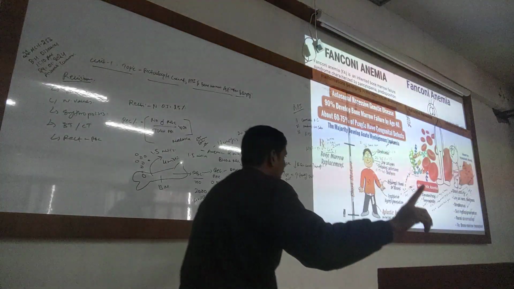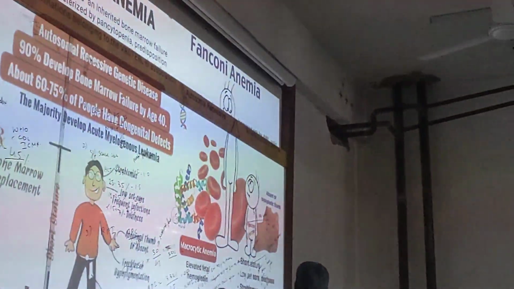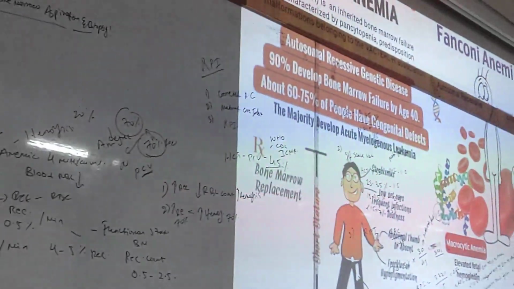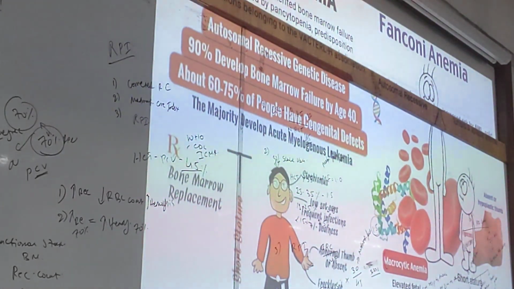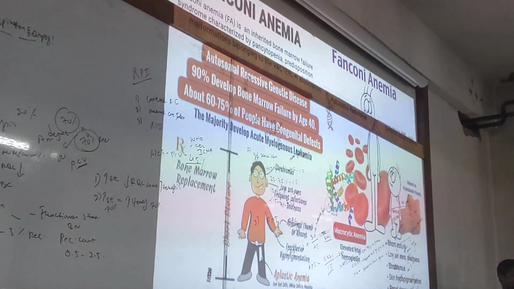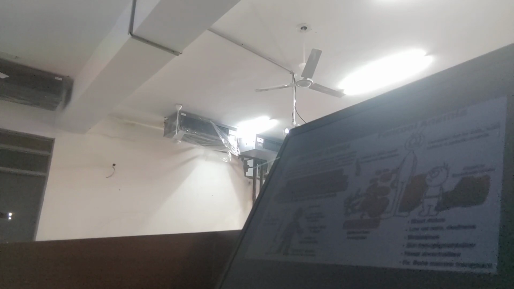Listen. Then how is Fanconi different from aplastic anemia? In aplastic anemia, we saw that there is a destruction of all cells. But there are some specific types of anemias where only WBCs are reduced, but RBCs and platelets are normal. Is it possible that RBCs and platelets are normal, but WBCs are reduced or increased? That will be a leukemia.